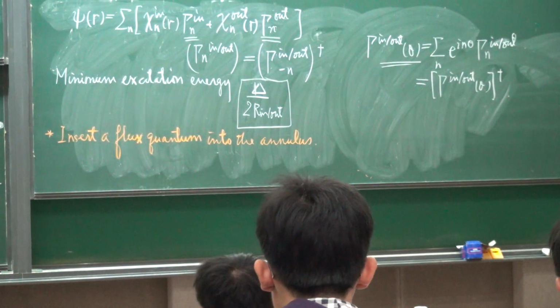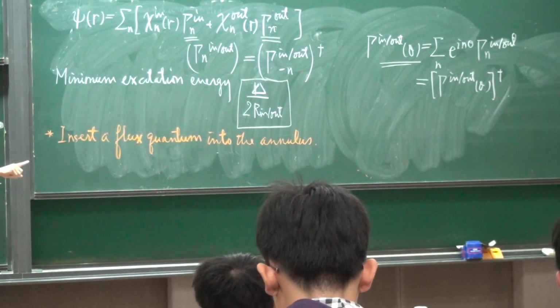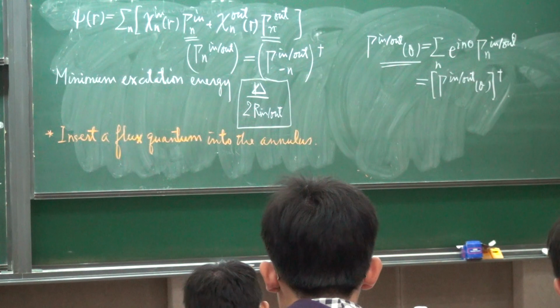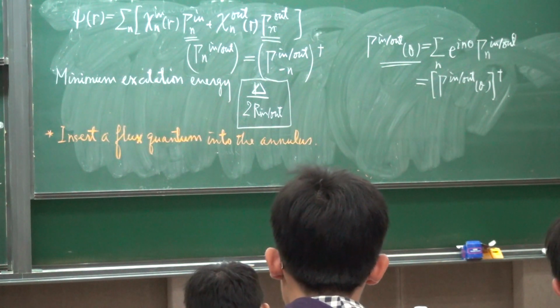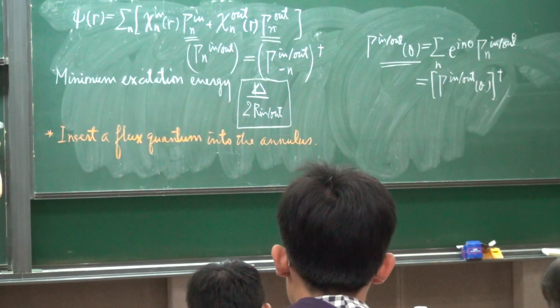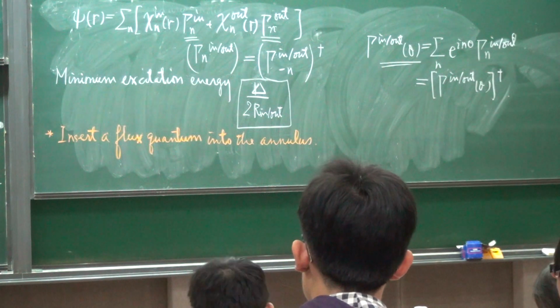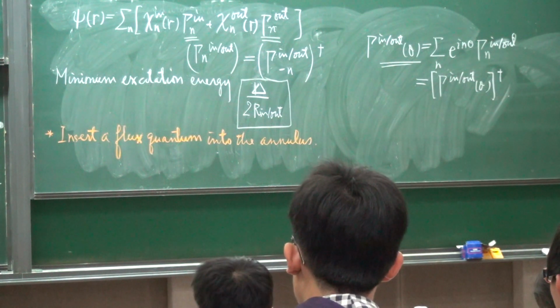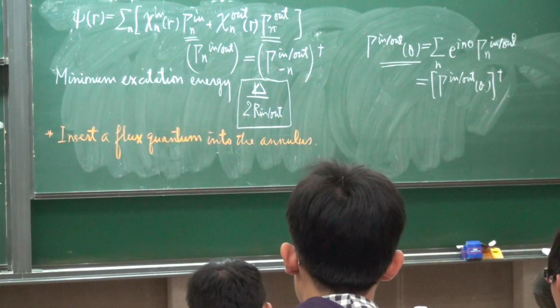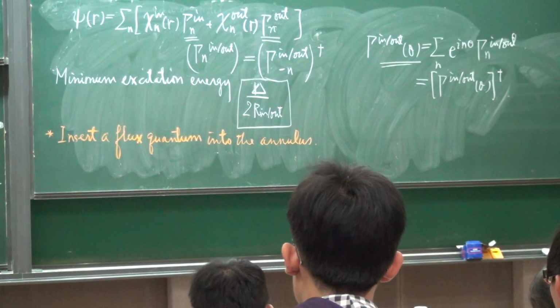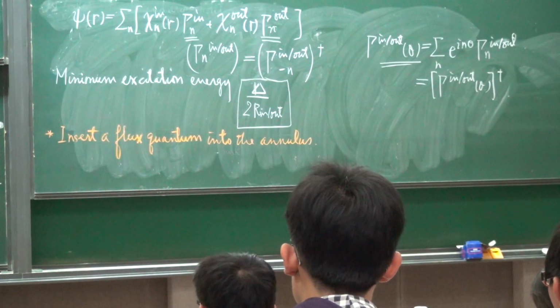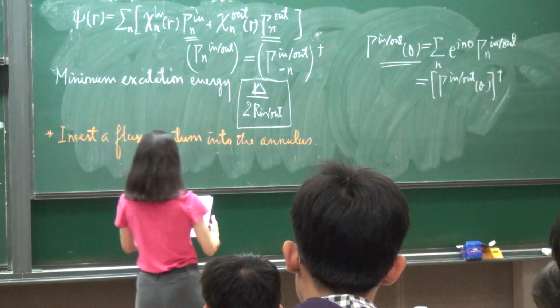If I insert a flux quantum, my energy is going to look like this. That means I have a zero energy Majorana mode when I insert a flux, which is great.